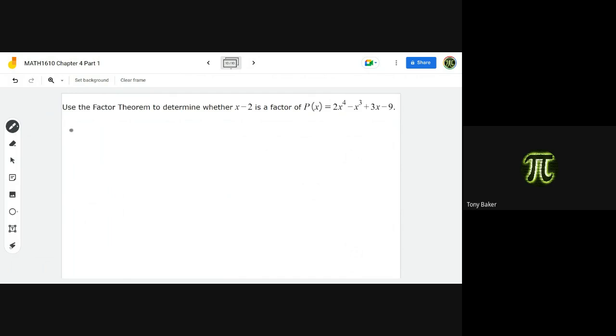So I'm going to plug in 2 for this. So I have the 2 on the outside. And then we have 2, negative 1, 0, 3, and negative 9.